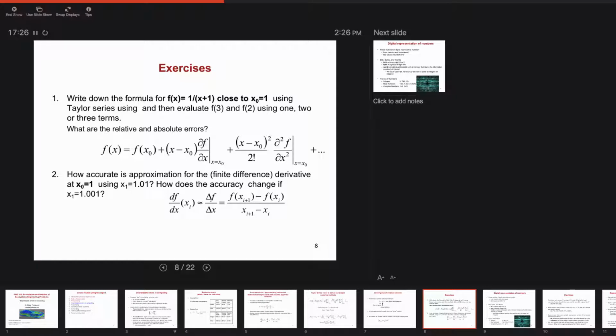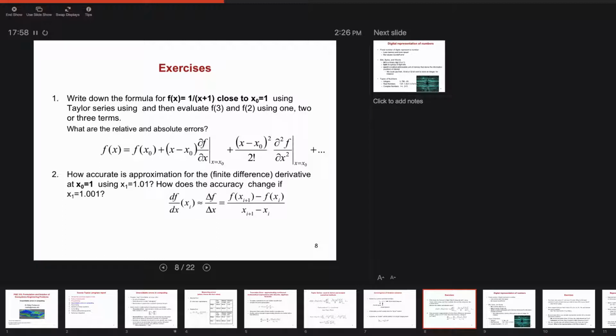So let's do this example case. I have a known function, 1 over x plus 1, and I'm interested in looking at values of that function around x0 equal to 1 using Taylor series. I want to evaluate f of 3 and f of 2 using 1, 2, and 3 terms in my Taylor series, and I want to see how accurate that is.